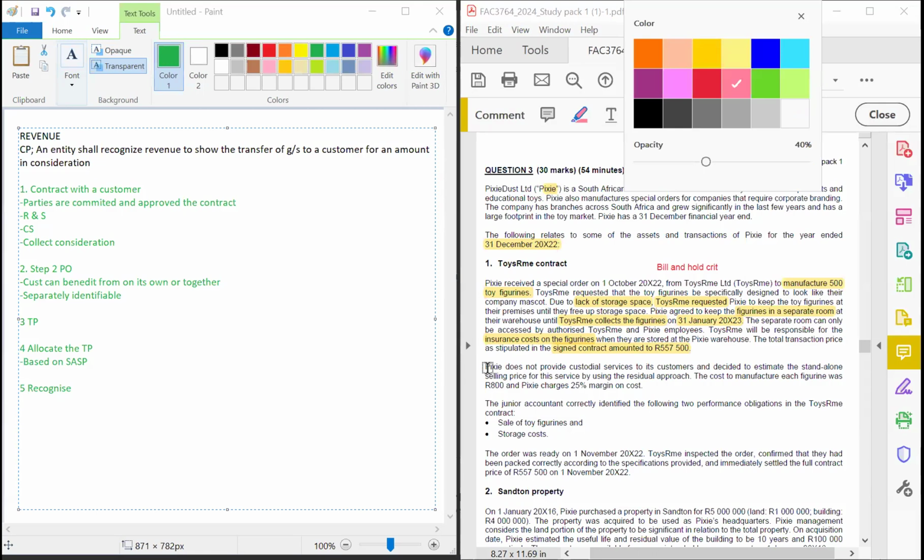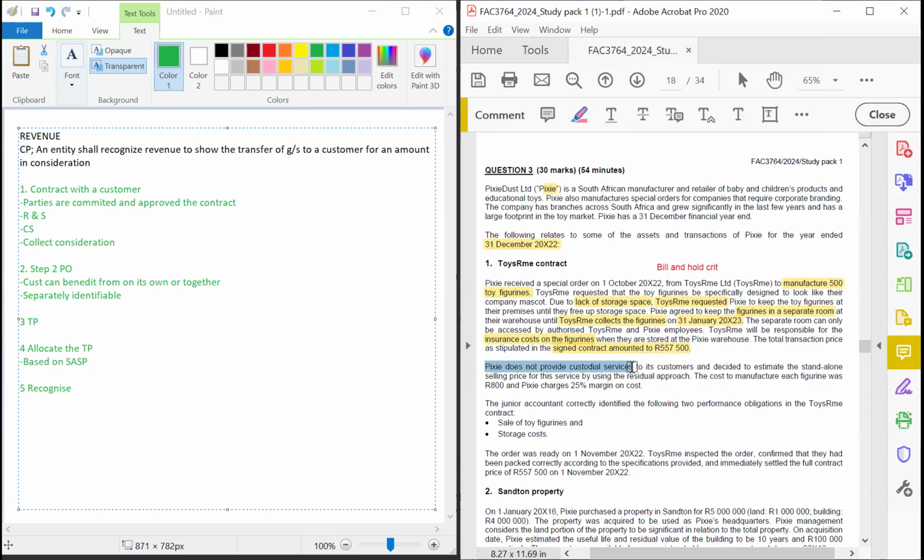So now, another interesting fact. Pixie does not provide custodial services to its customer and decided to estimate the standalone selling price for this service by using the residual approach. The cost to manufacture each figurine was 800 and Pixie charges 25% markup on cost or margin on cost, right?